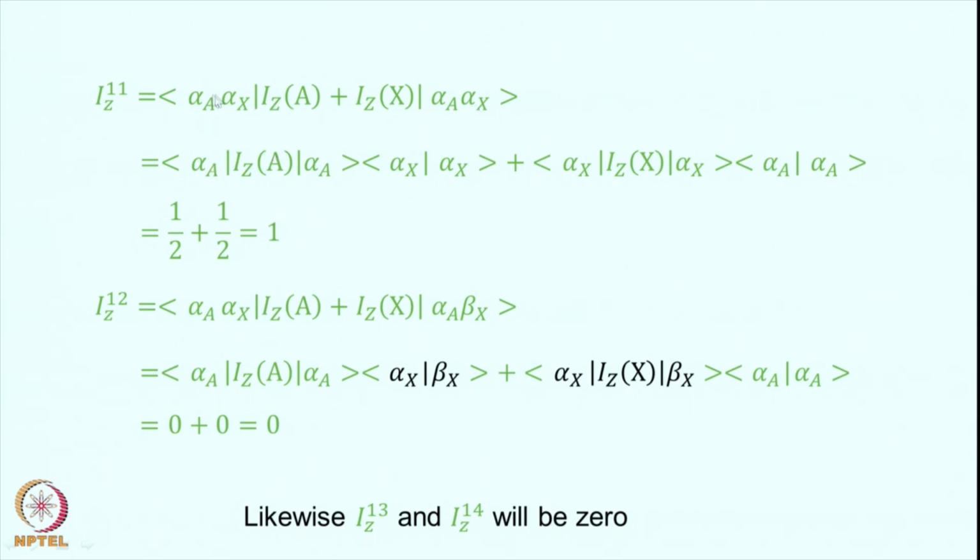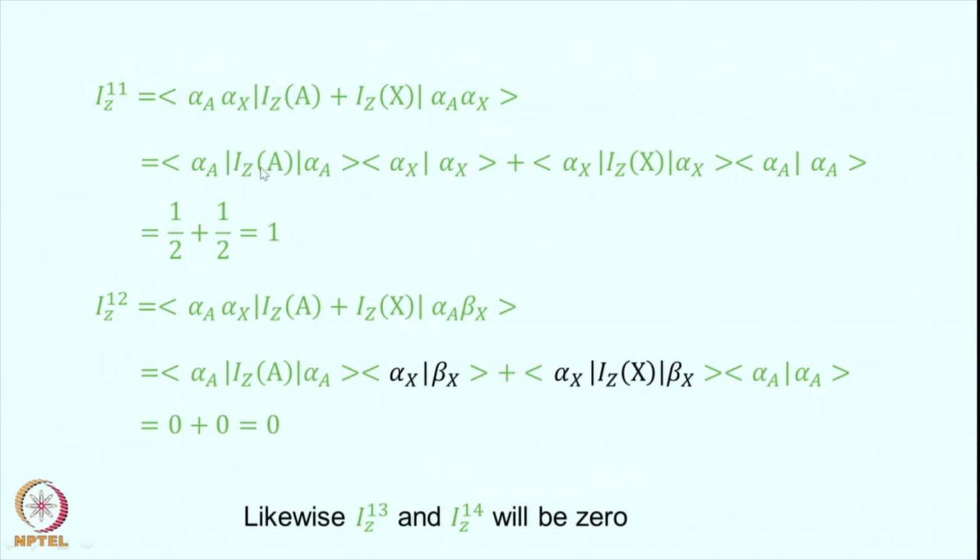Now if I have these 2 states here, alpha X I can take it out if I am calculating IzA here. So I separate out these 2 into separate calculations. In one case I have the IzA, in the other case I have the IzX here.